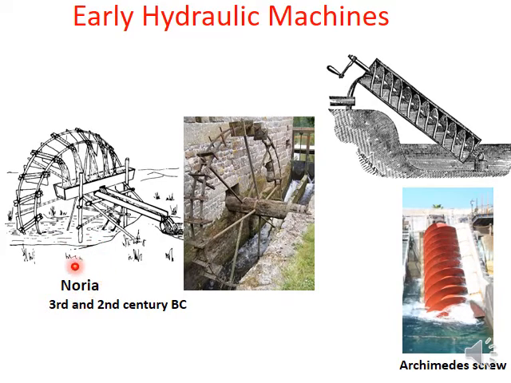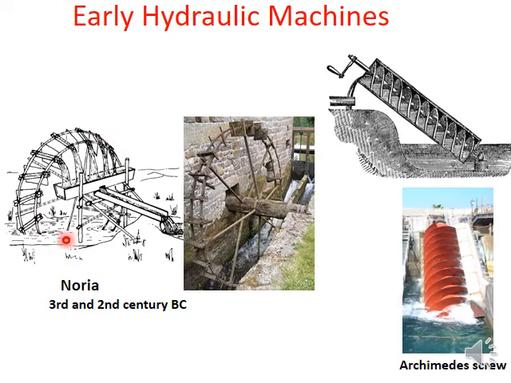According to the recorded documents, this noria had been used as early as the 3rd century BC in China for irrigation purposes.